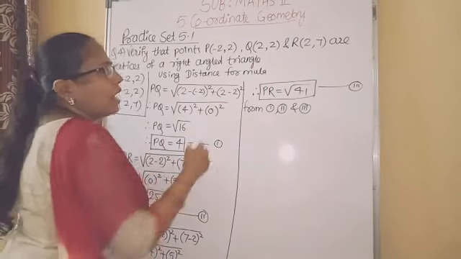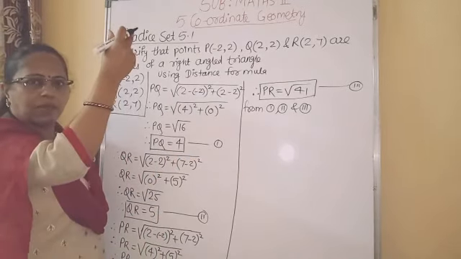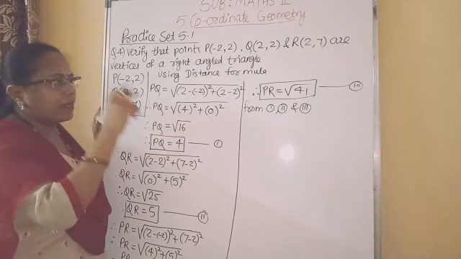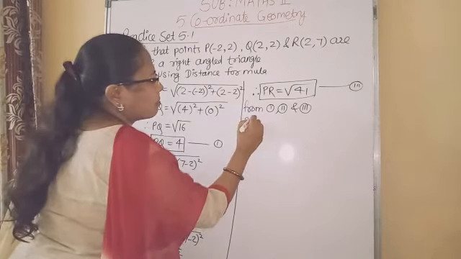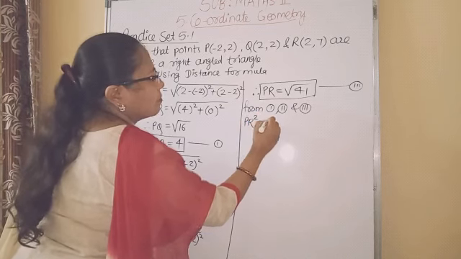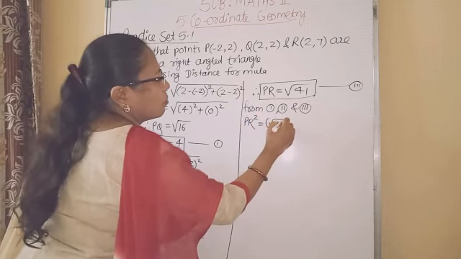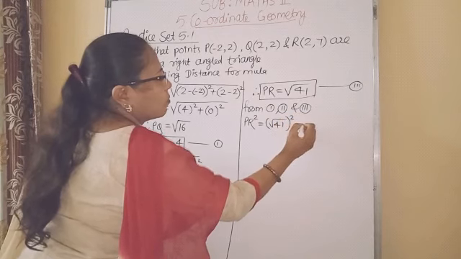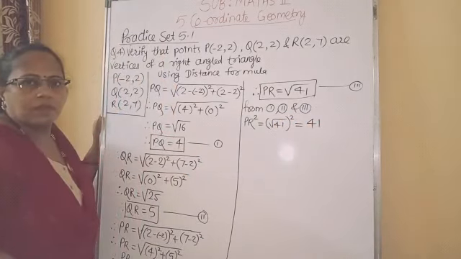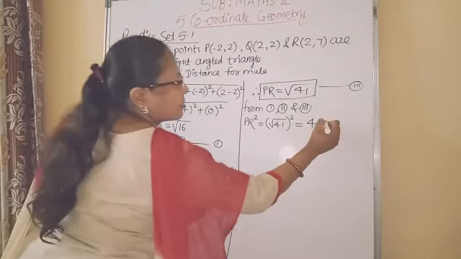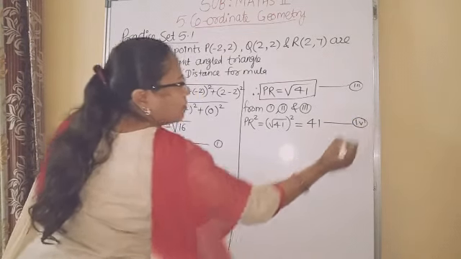Okay. So according to our Pythagoras theorem, we will find out the square of the bigger side. So PR square is equal to root 41 square. So root 41 square is 41. Okay, here give the next statement number 4.